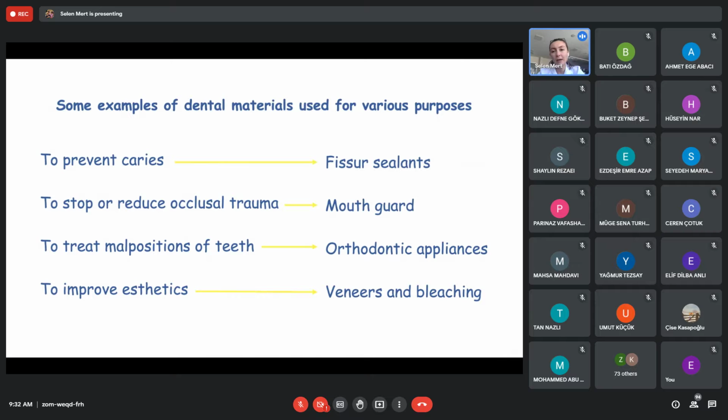What else can be told? What other dental materials can be mentioned? There are various materials in dentistry, as you know, and you will learn.